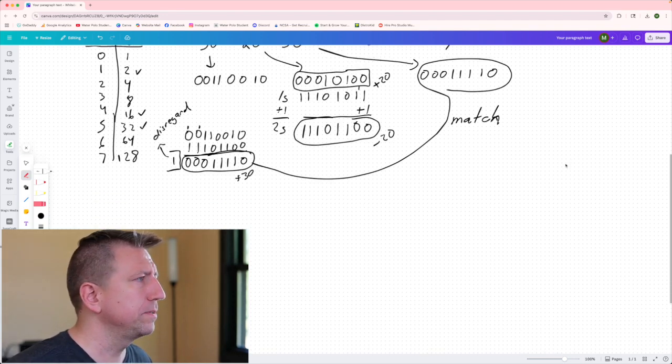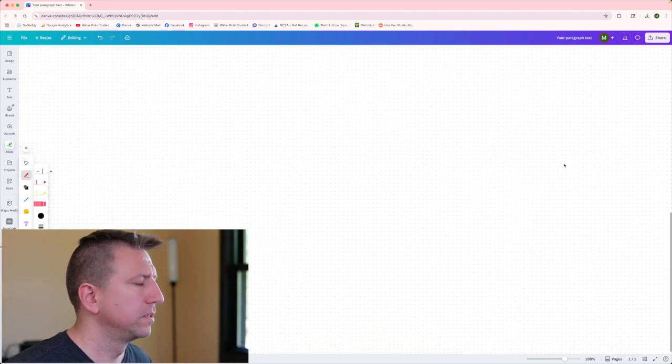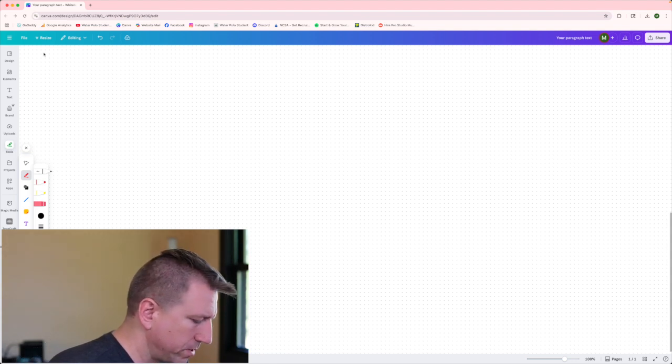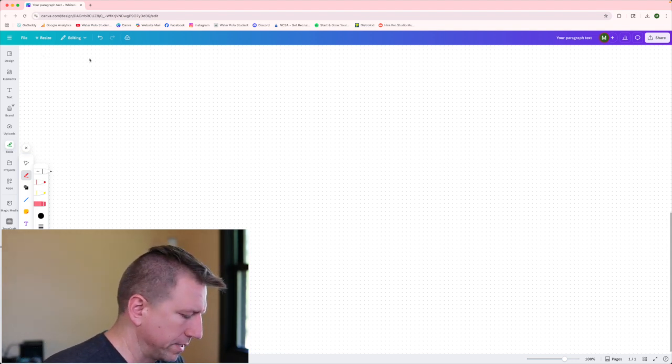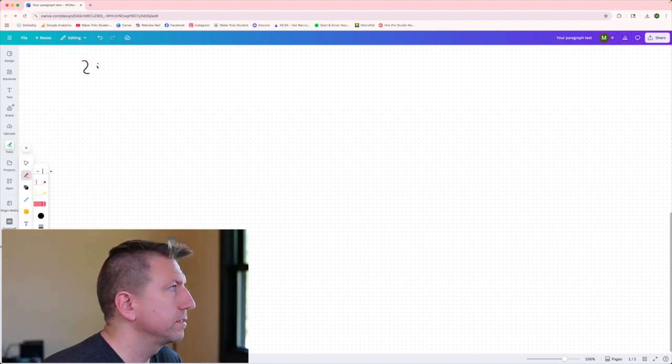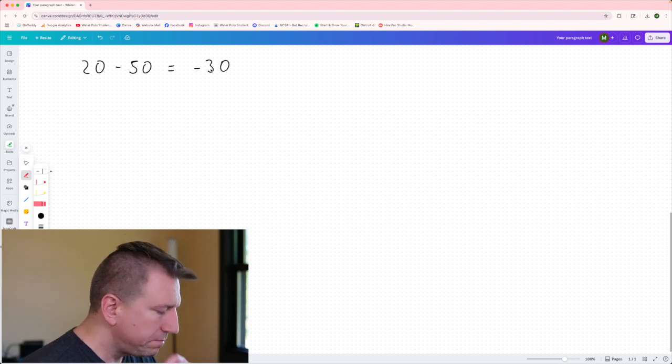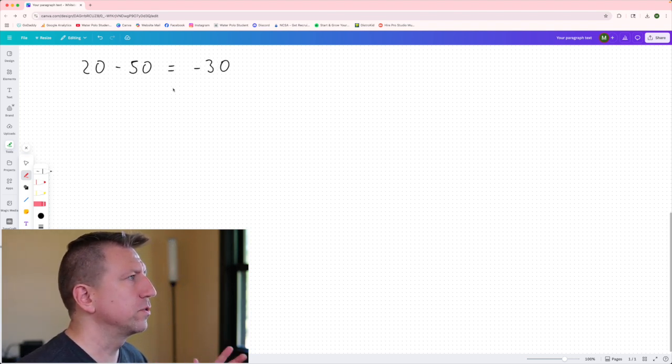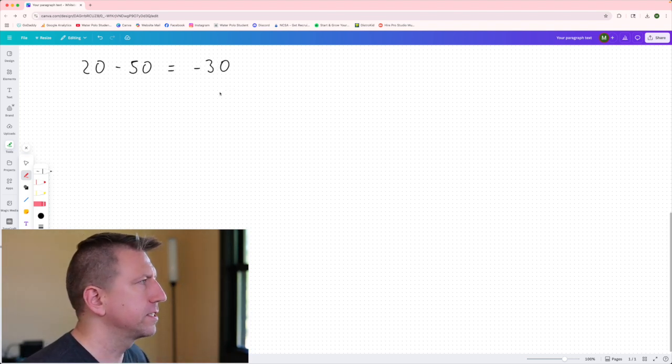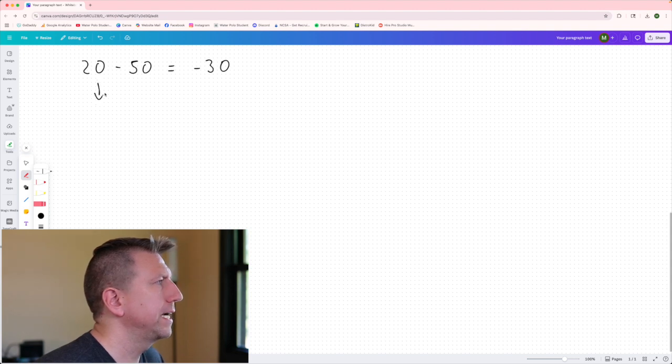Let's do another example. In this example, we're going to just flip it a bit. We're going to do 20 minus 50 is equal to minus 30. So let's find out 20, 50, and 30 first, what their values are. We already have these.